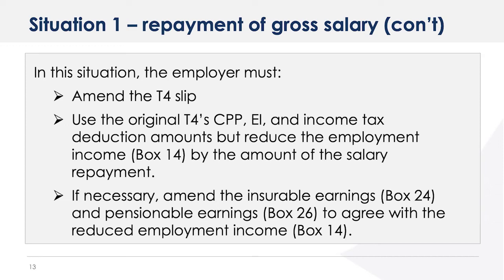And, if necessary, amend the insurable earnings in box 24 and pensionable earnings in box 26 to agree with the reduced employment income that will be reported in box 14.